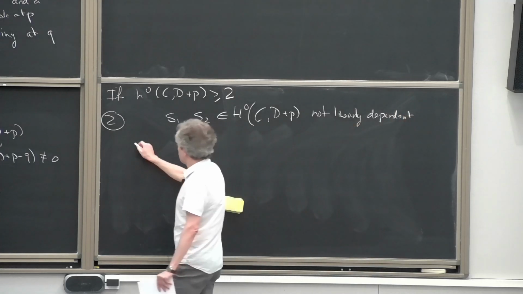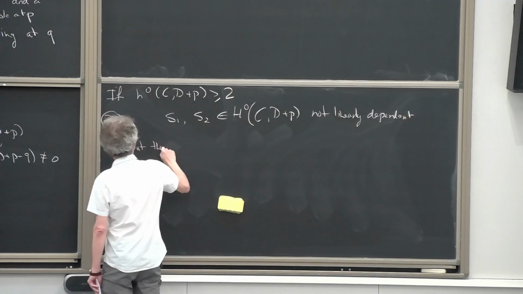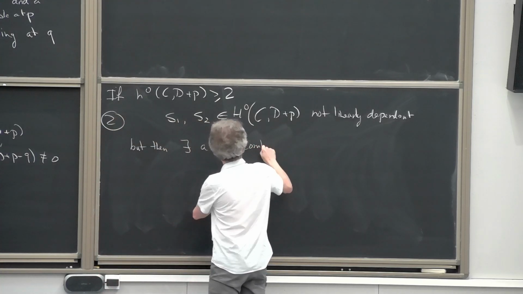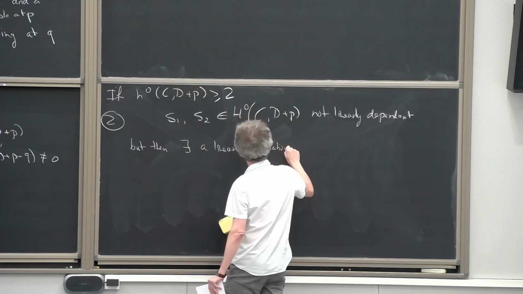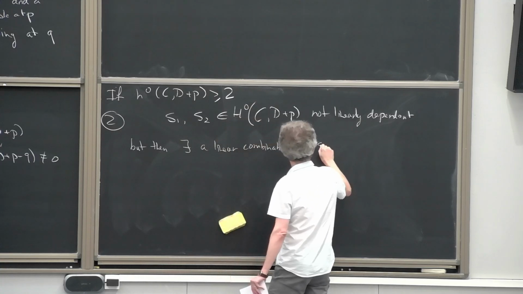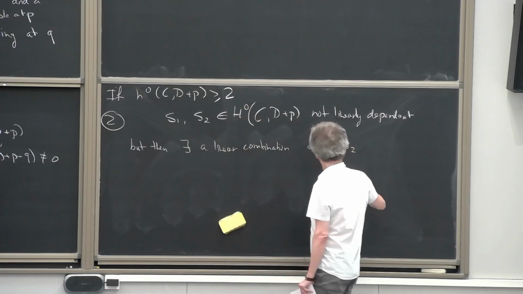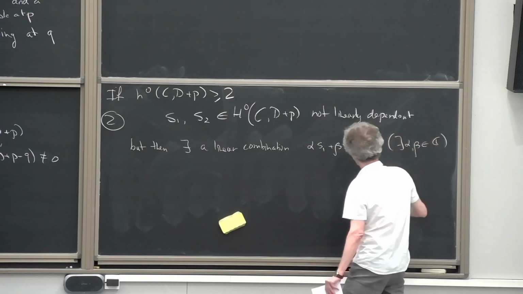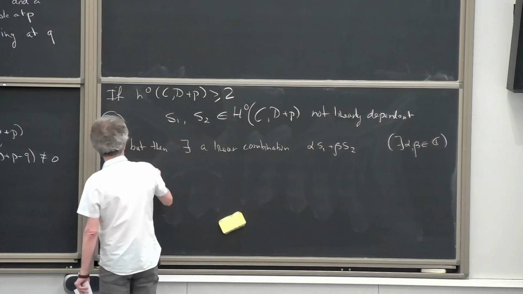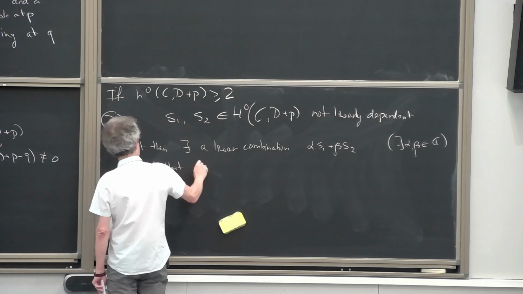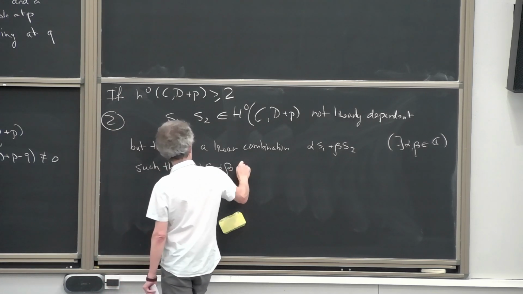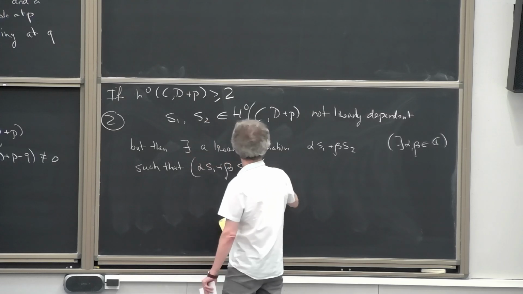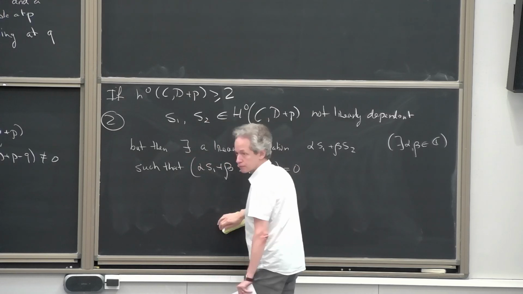Okay? But then there exists a linear combination alpha S1 plus beta S1 for some alpha beta complex numbers, such that this linear combination evaluated at the point R is 0, right?